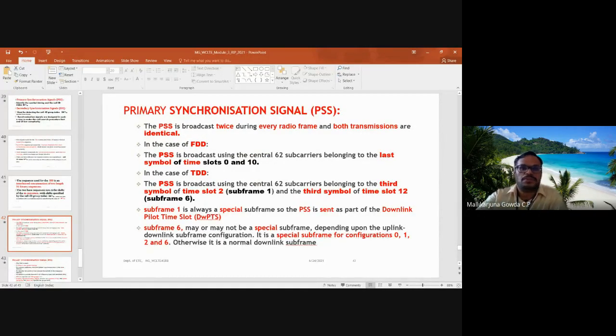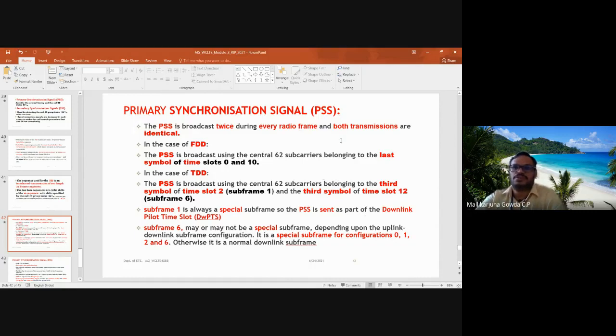As I said, the PSS, the primary synchronization signal, is broadcast twice during every radio frame. Means for every 10 milliseconds, it will be transmitted twice, so for every 5 milliseconds there will be a broadcast of this primary synchronization signal.